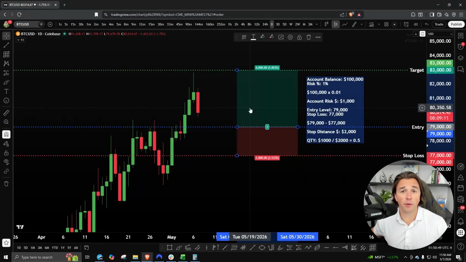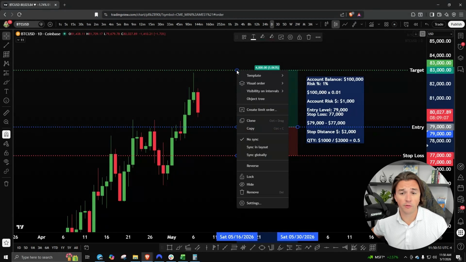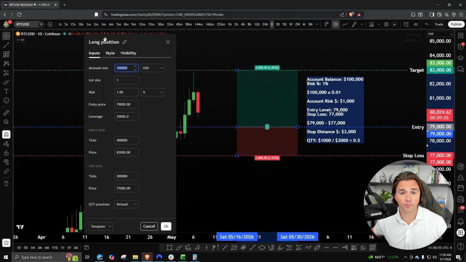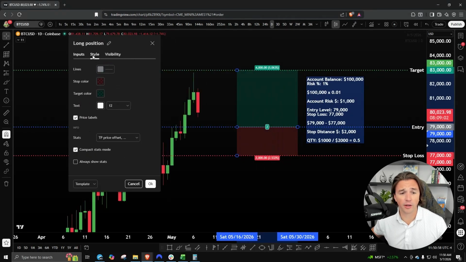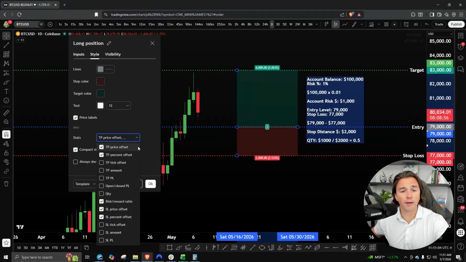So how can you see that without having to calculate this all for yourself on the position calculator tool? If we go back to settings here, and you go to style, if you come all the way down to stats, these are the ones that I have checked off right now. You can change them how you would like. But if you come down here to quantity, you'll see that it comes right up above the risk reward number.